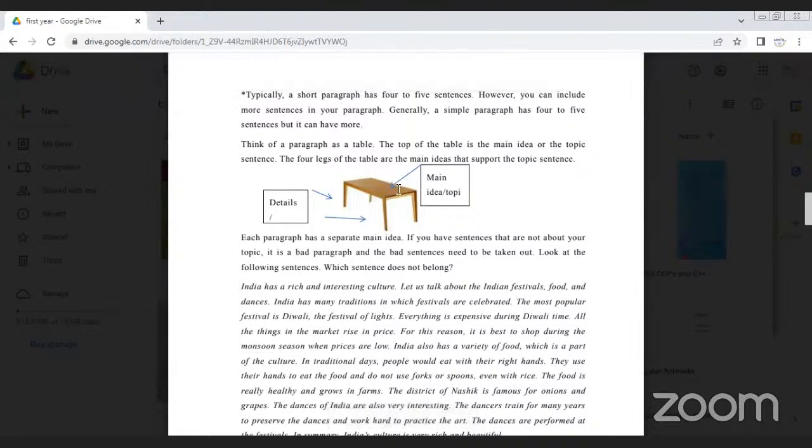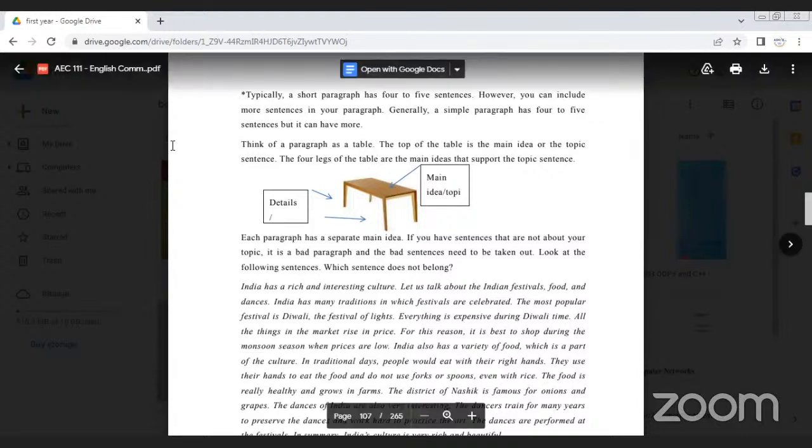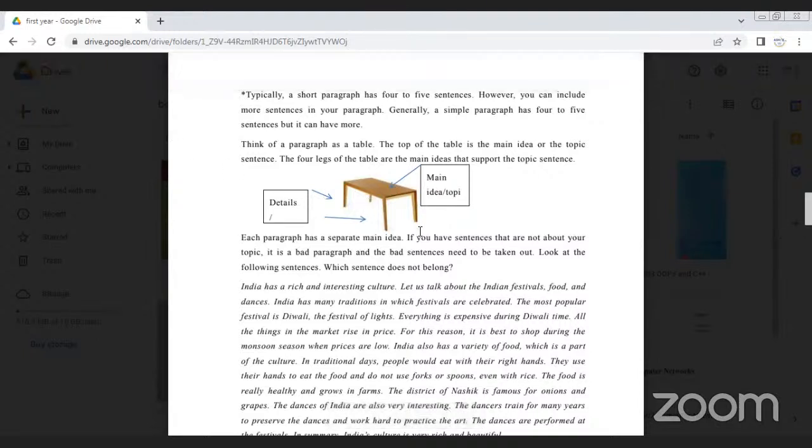The top of the table is the main idea or the topic sentence. The four legs of the table are the ideas that support the topic sentence. These are the four legs of the table, and they are the ideas that support the topic sentence.